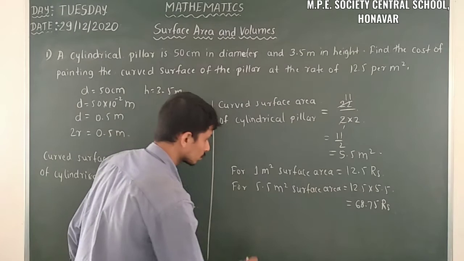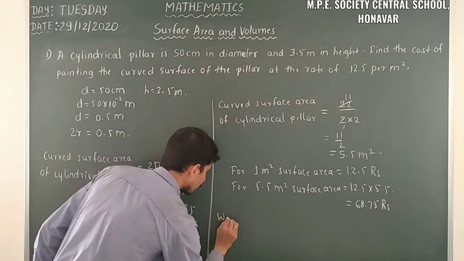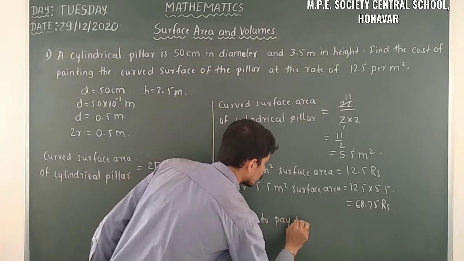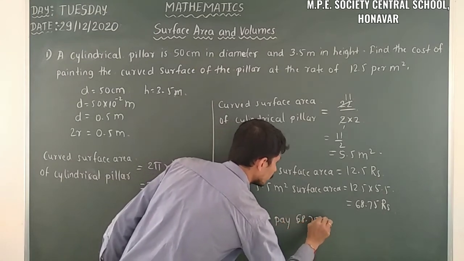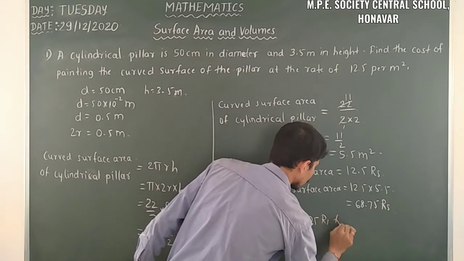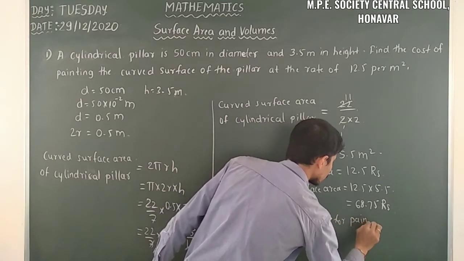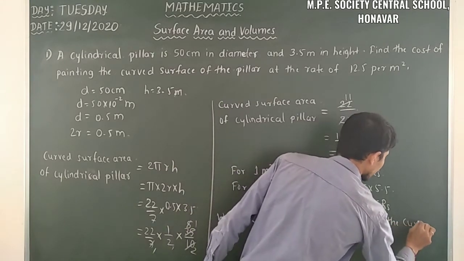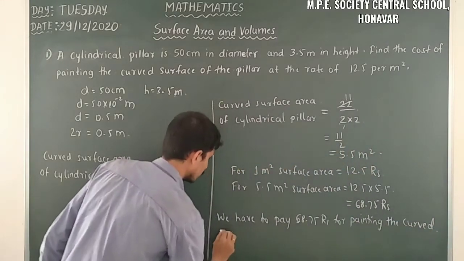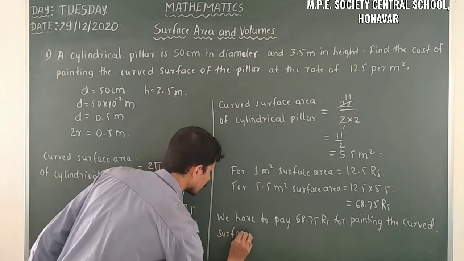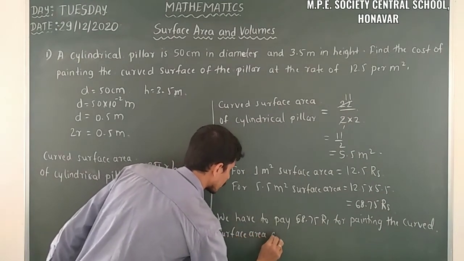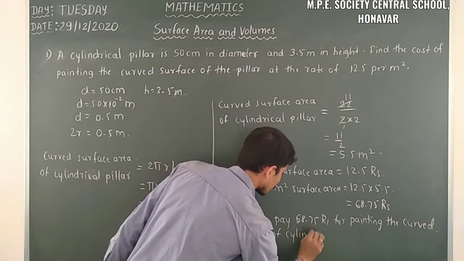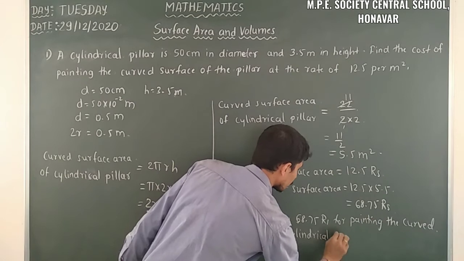So we have to pay 68.75 rupees for painting the curved surface area of the cylindrical pillar.